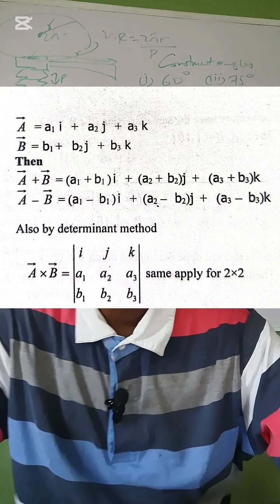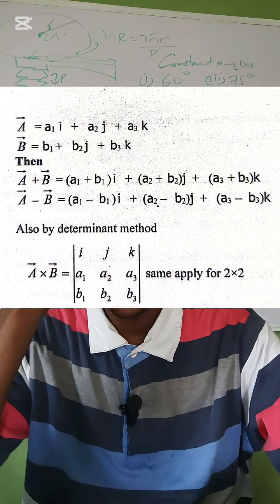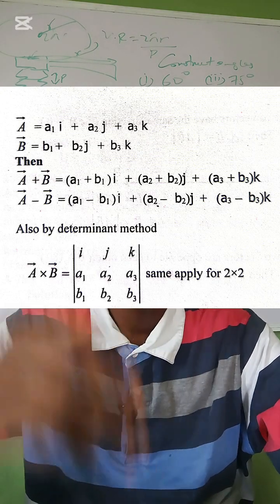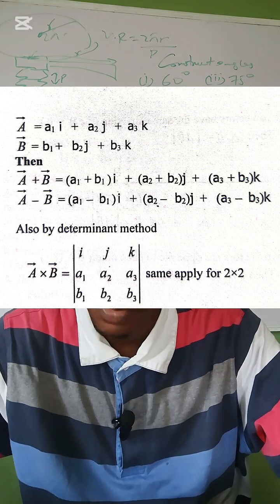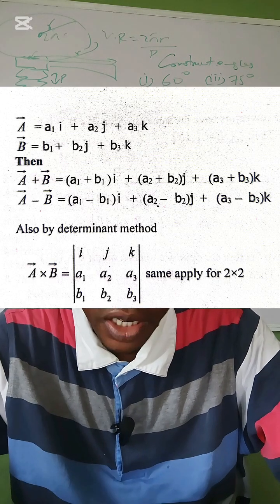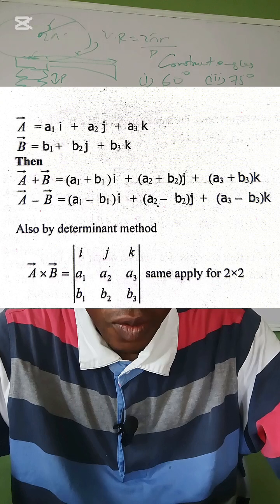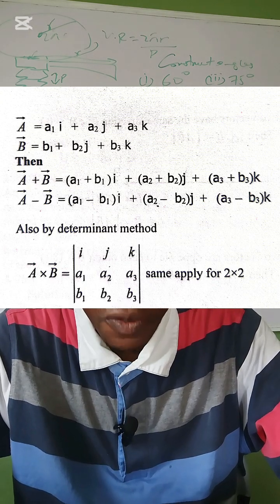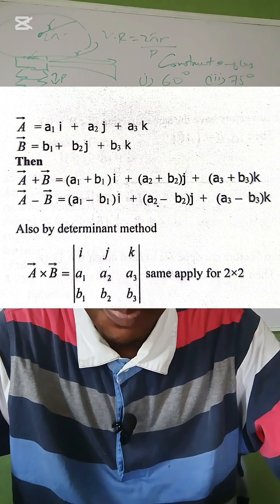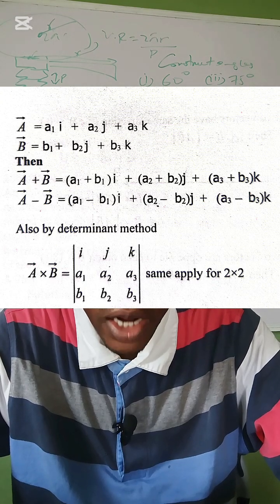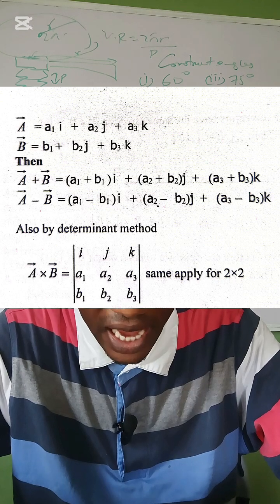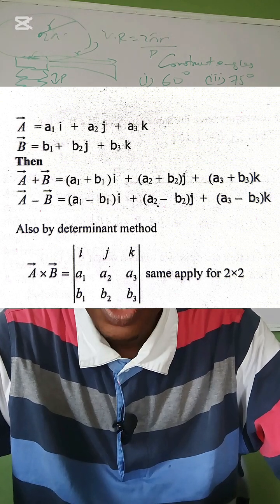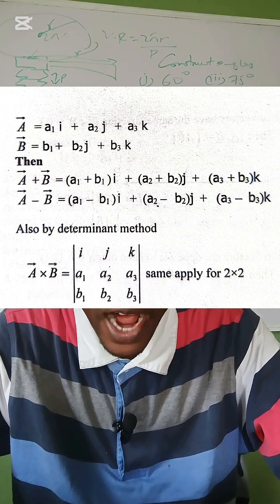And you can also discuss their addition. If you want to add them, it's possible. Vectors can be added. It is only the scalar that has a product without addition, but vectors can be added here. So let's look at vector A, for example. If you have A1 in terms of i plus A2 in terms of j plus A3 in terms of k, with B equal to B1 in terms of i plus B2 in terms of j and B3 in terms of k, then when you add them, A plus B means you take the elements of i together.